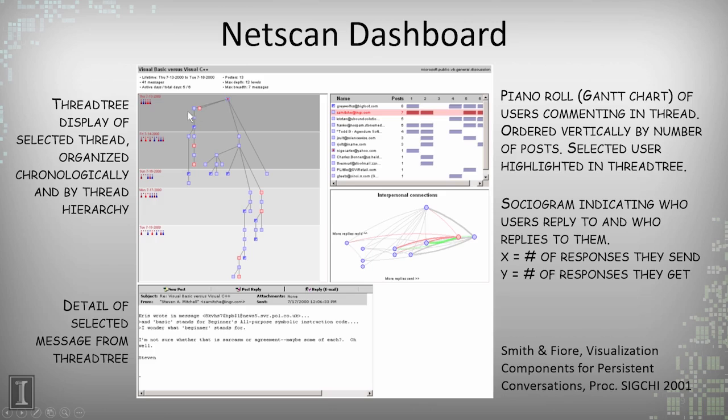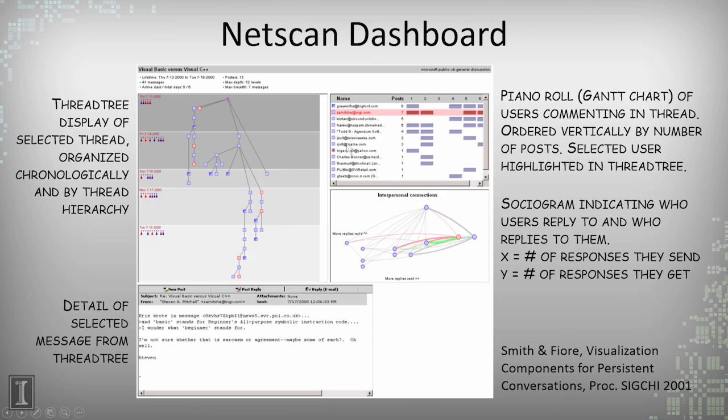It starts with a thread tree, which is basically a conversation with a subject and then people replying to that subject, and other people replying to the original subject, and people replying to the second reply to the original subject, so you get this tree-like behavior. It's organized chronologically, vertically, but then you form a hierarchy based on which messages reply to which other messages.